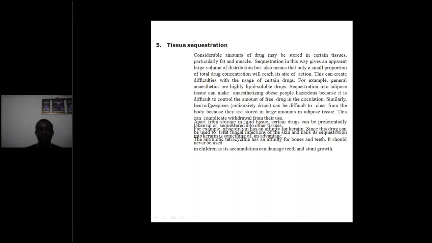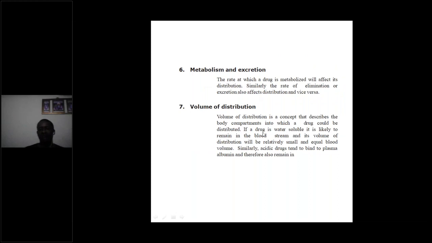Okay, so another thing that affects distribution is metabolism and excretion. Metabolism talks about breaking down the drug. Okay, excretion talks about eliminating it from the body. So the rate of metabolism will definitely affect distribution.